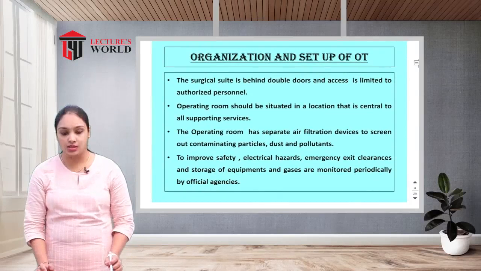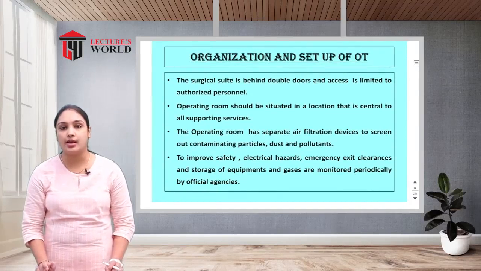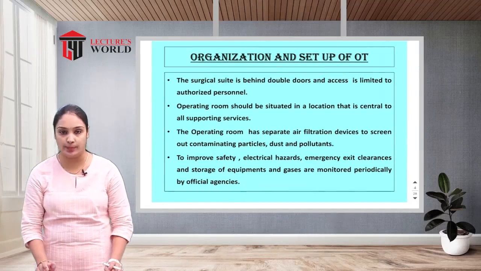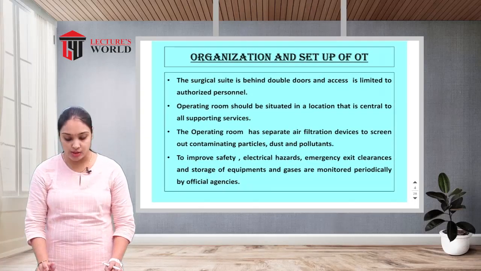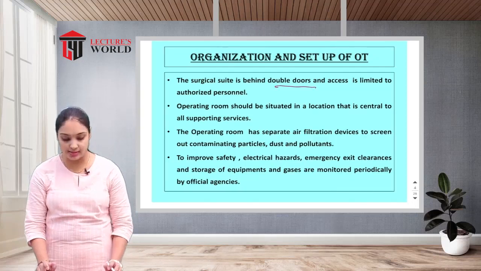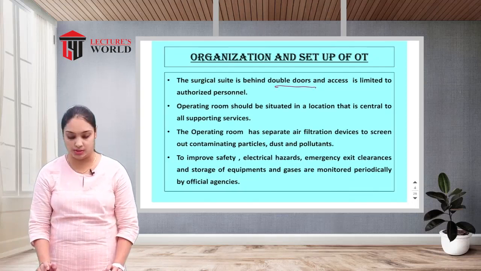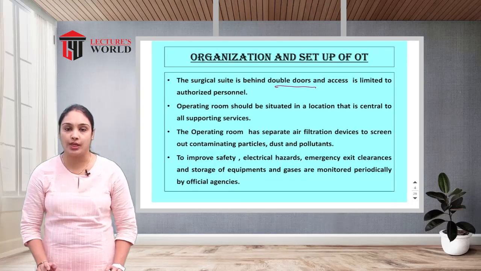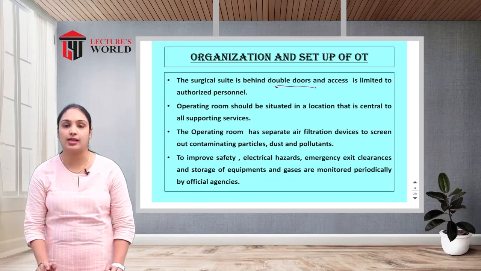Now we'll discuss the organization and setup of the operation theatre, how the operation theatre should be. The surgical suite is behind double doors and access is limited to authorized persons. The surgical suite is known as the operation theatre. There is a 2-3 door system, and there are 3 zones that we'll discuss afterwards.